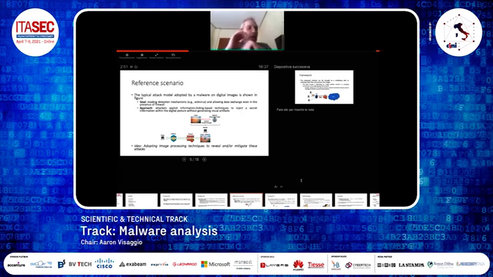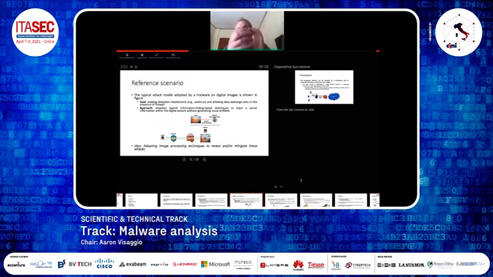This is our scenario. The typical attack model adopted by a malware on a digital image is shown in the figure. The goal of the attacker is evading detection mechanisms, for example antivirus, and allowing data exchange even in the presence of a firewall.